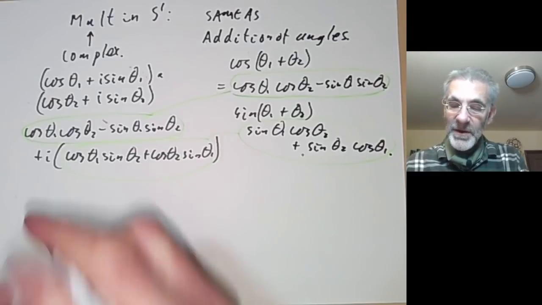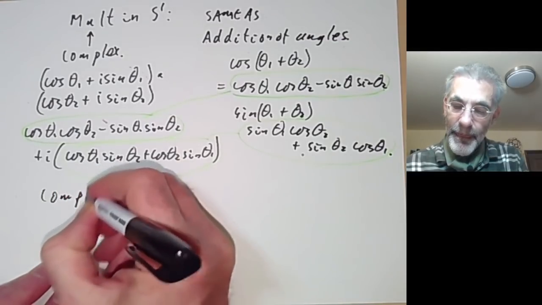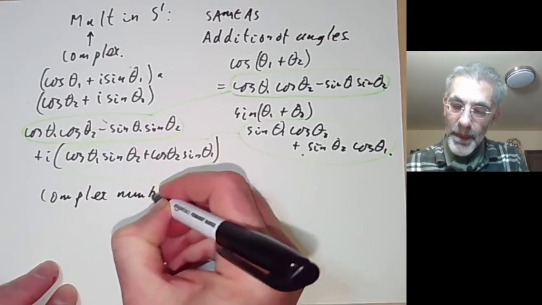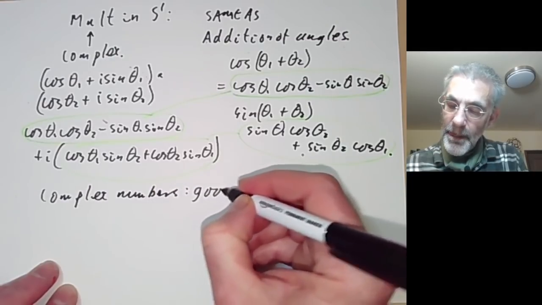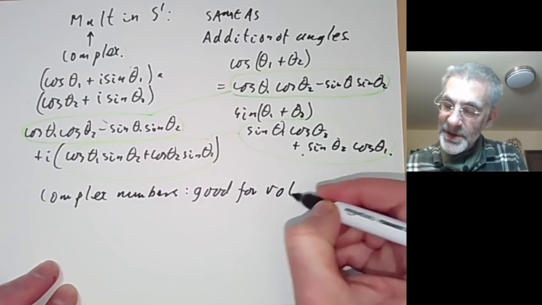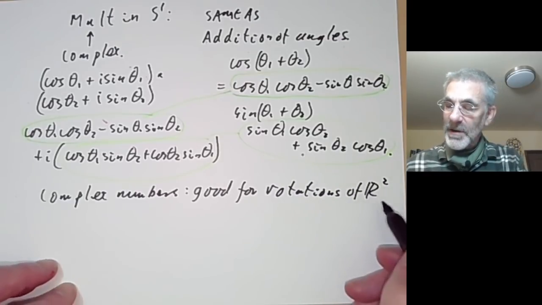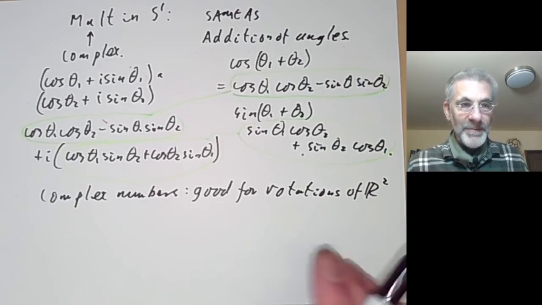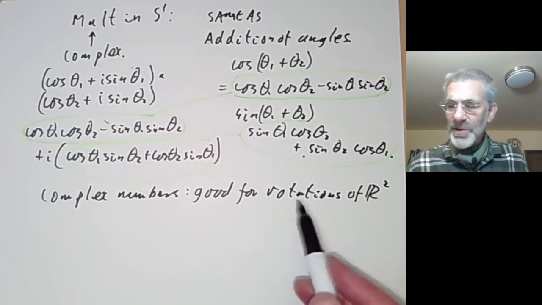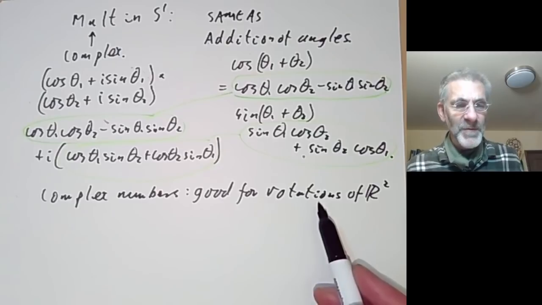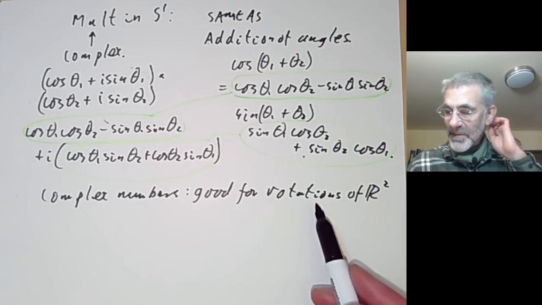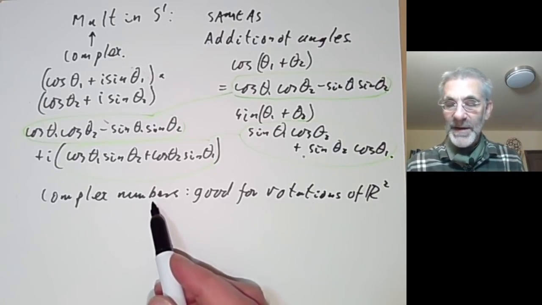By the way, this means that complex numbers are really good for rotations of the two-dimensional real plane. So you can represent rotations as 2 by 2 matrices if you want, but it's sometimes easier just to represent them as complex numbers.